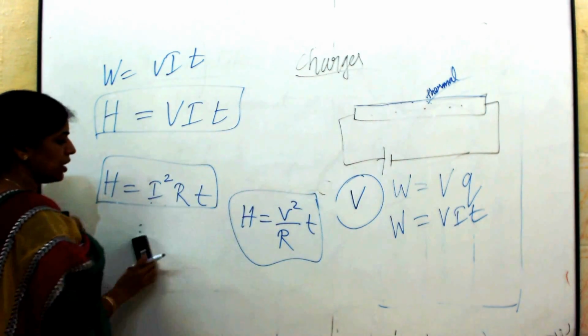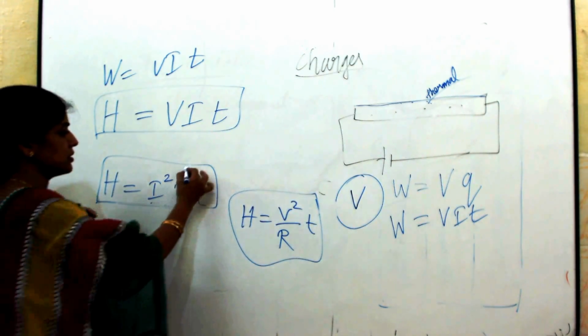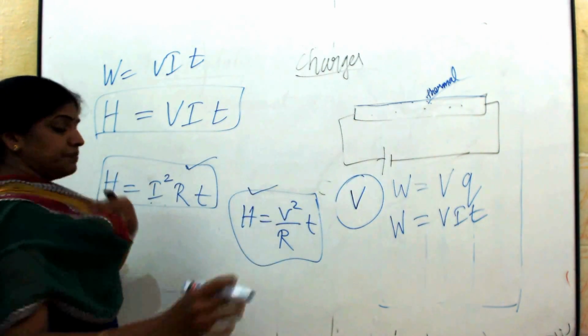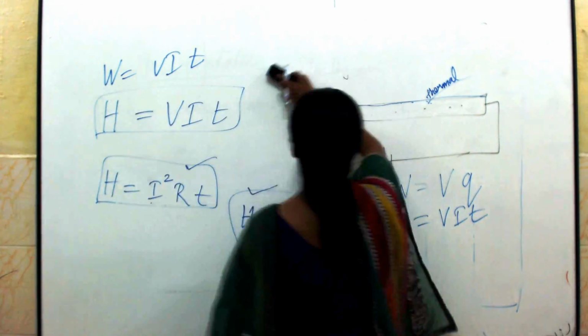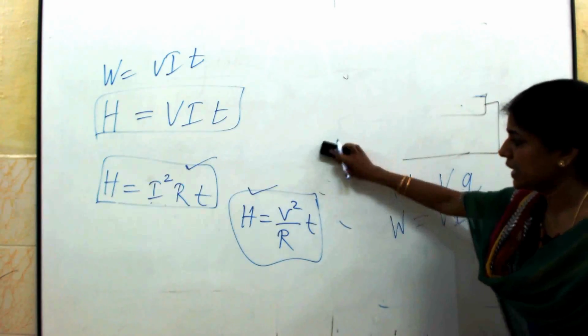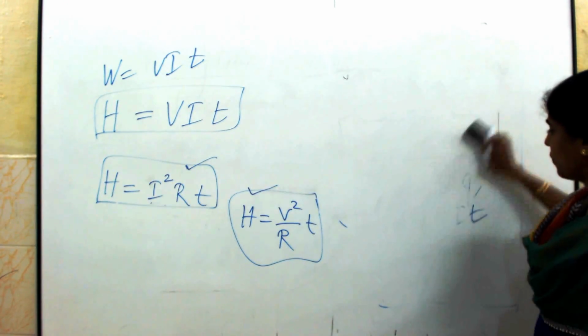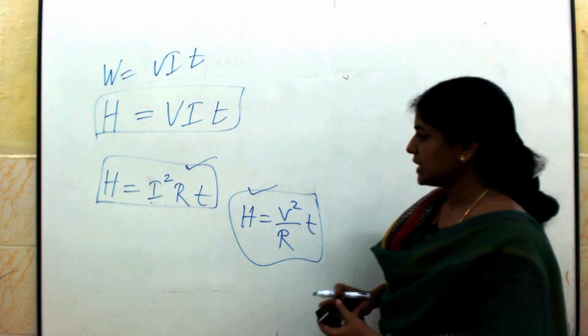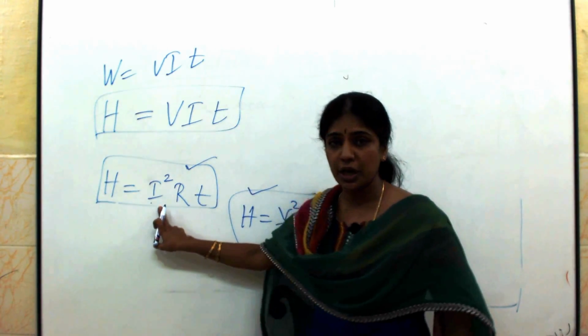So if I summarize all this, look at the second and the third equation. I can say the heat produced in a resistor when a current I flows in a conductor is directly proportional to the square of the current.